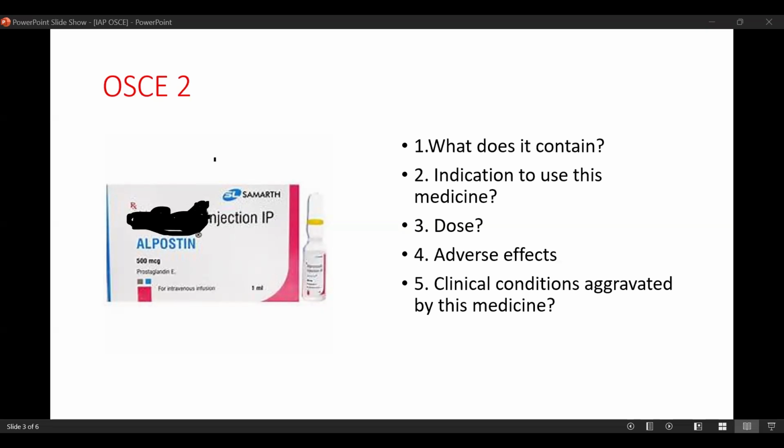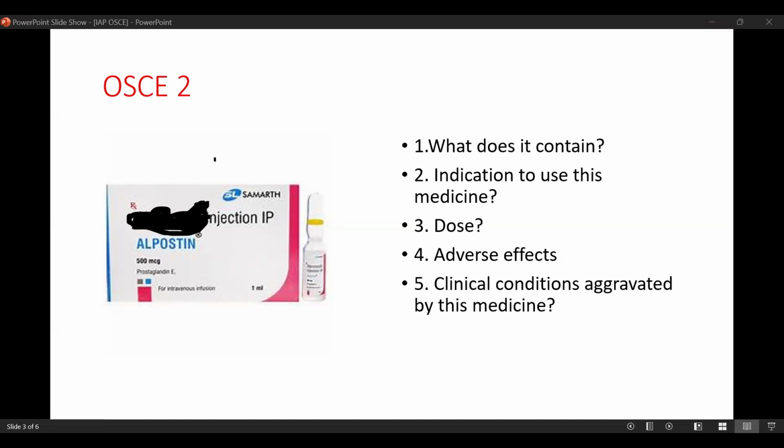And the side effects? Excellent. Most common side effects are fever, flushing, apnea, hypotension, and bradycardia.